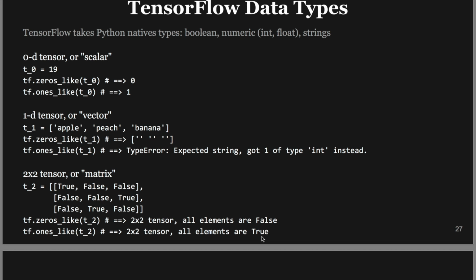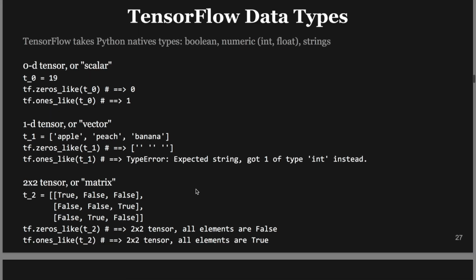So that's what's going to happen out here for Booleans. There is a slight error with the slides out here. It should be a 3 by 3 tensor, but that's pretty obvious. The elements are going to be the Boolean values, false or true, depending on whether we are calling zeros like or ones like, because the zero concept or the one concept, the truthiness, is very well defined when we are talking about Booleans.